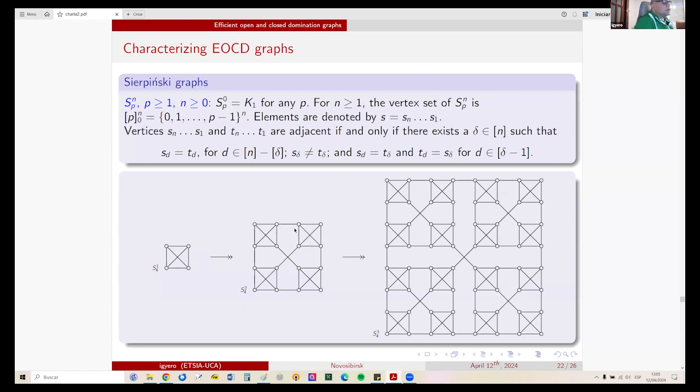And then we join the corresponding vertices in the copies. For instance, if this is the first copy, I join the vertex in position 4 in copy 1 with the vertex 1 in copy 4. I kind of exchange the labels.